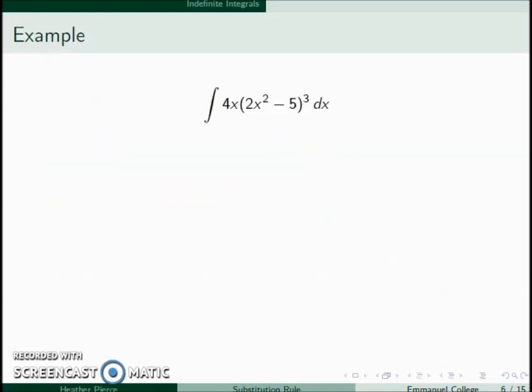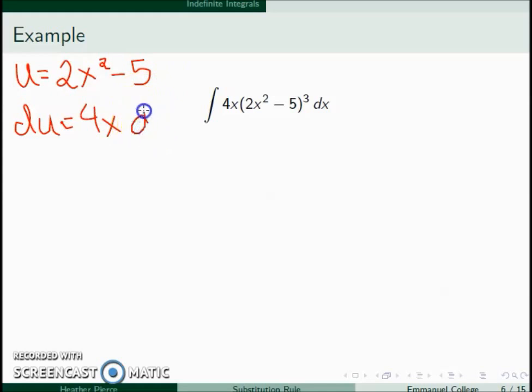So for example, for this particular example, I'm going to let u be equal to the inside of the parentheses, 2x squared minus 5. In this case, du would be equal to the derivative. The derivative of 2x squared is 4x. The derivative of negative 5 is 0.